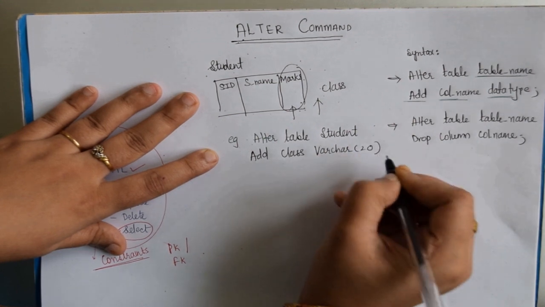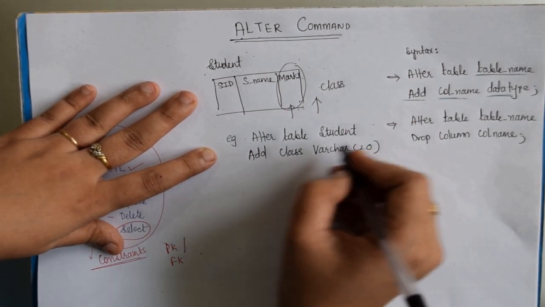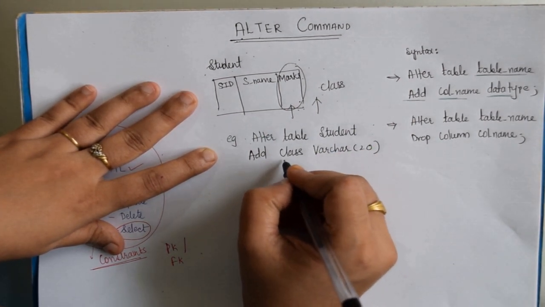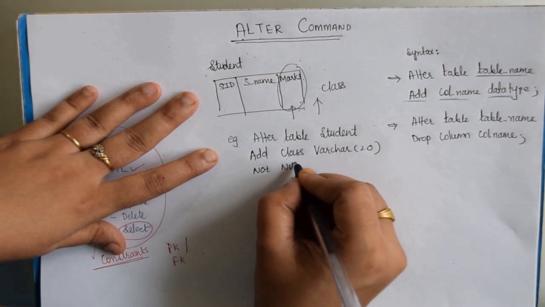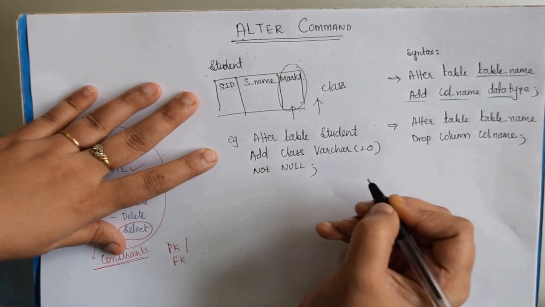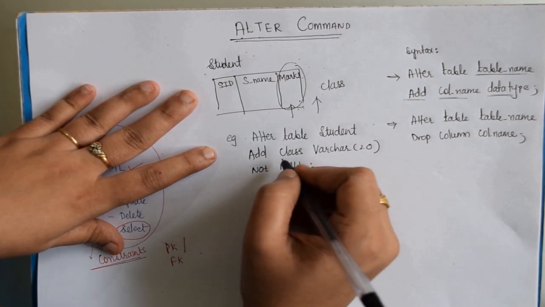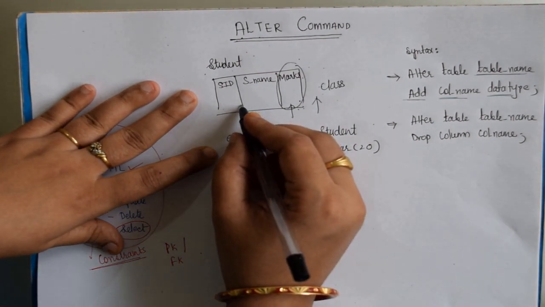Now if you want to specify any constraint here, suppose I want that my class should not be null, so you can specify constraint here as not null. Understood? So in this way you can add columns in your existing table.